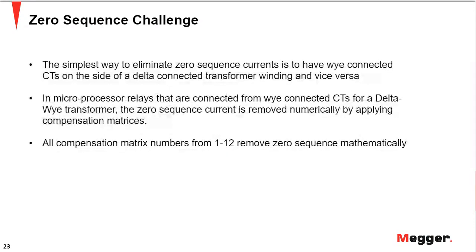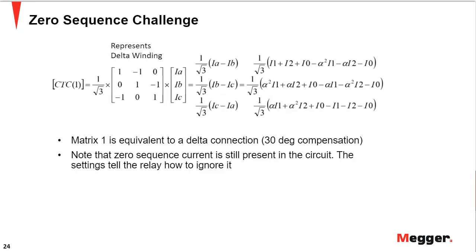So let's look at how the zero sequence is eliminated using a matrix. Here is an example where we have compensation matrix number 1, which represents a delta winding. We are using that matrix with the currents being read on the relay. Once we get these equations, we have IA, IB, IC involved. When you represent these phase currents in the form of positive, negative, and zero sequence currents, these are the equations that we get.